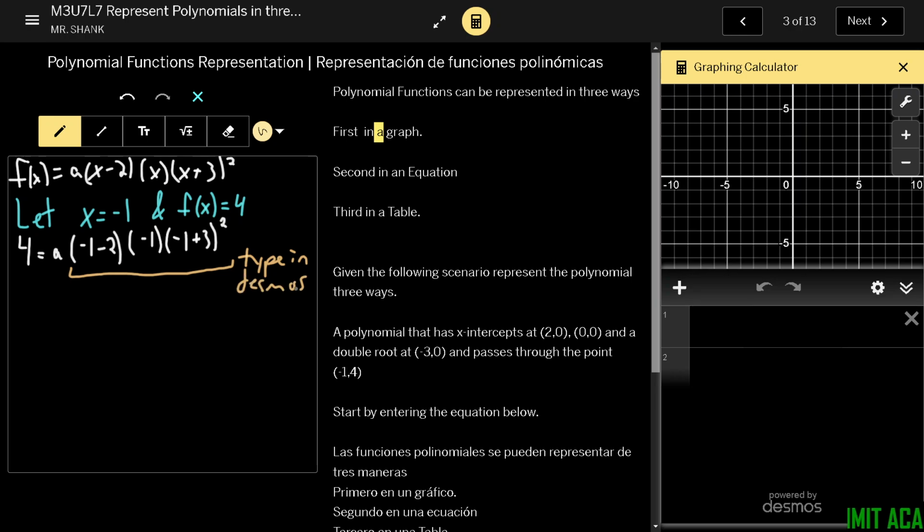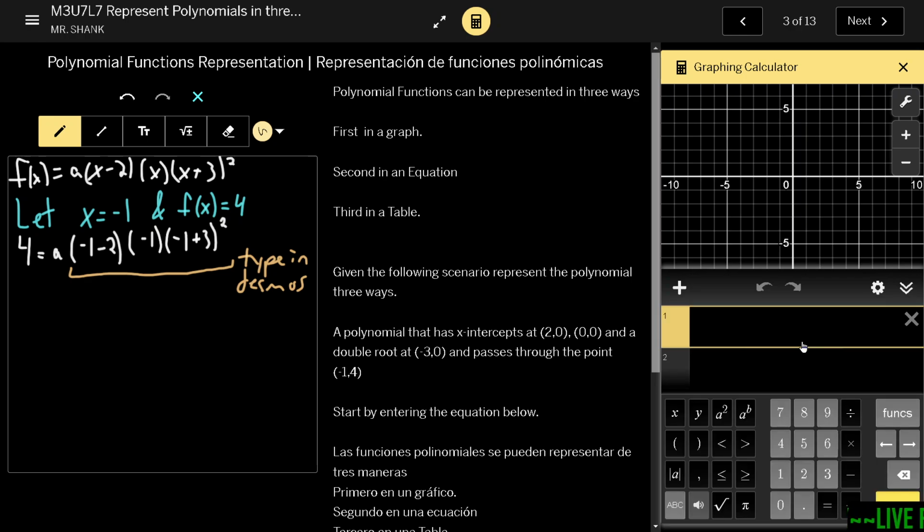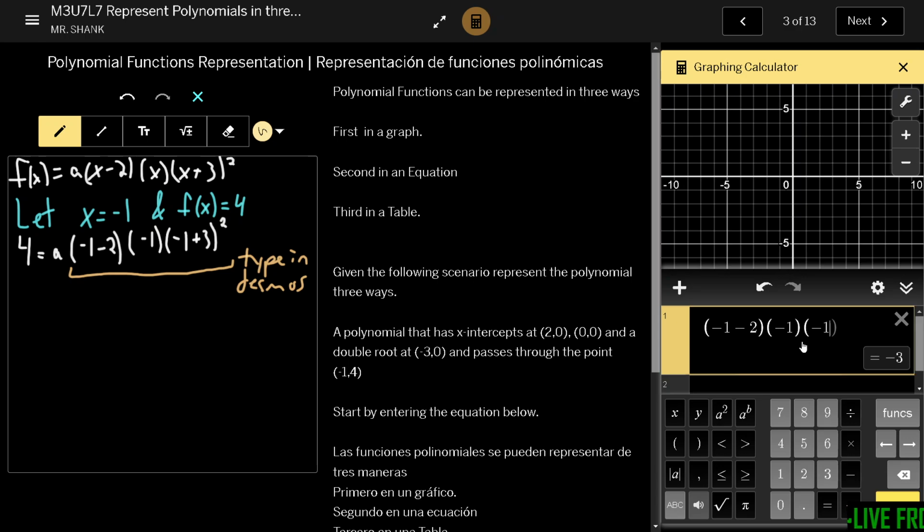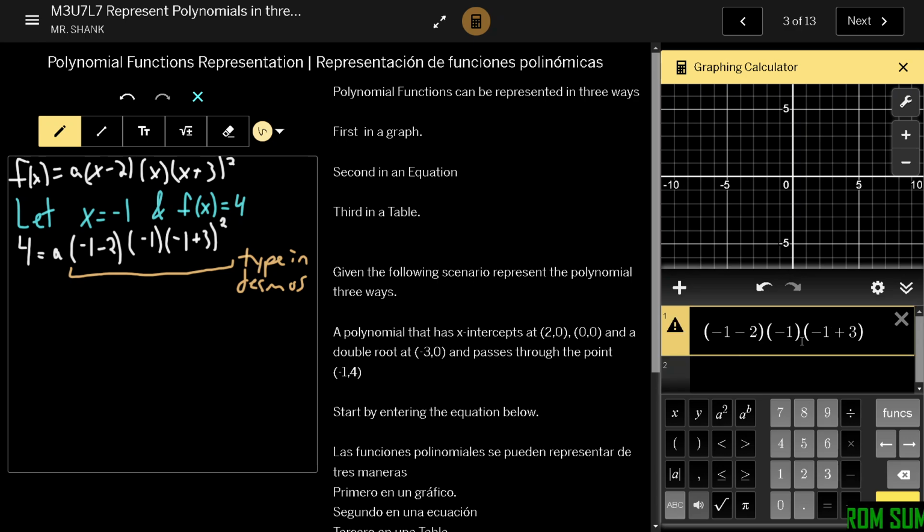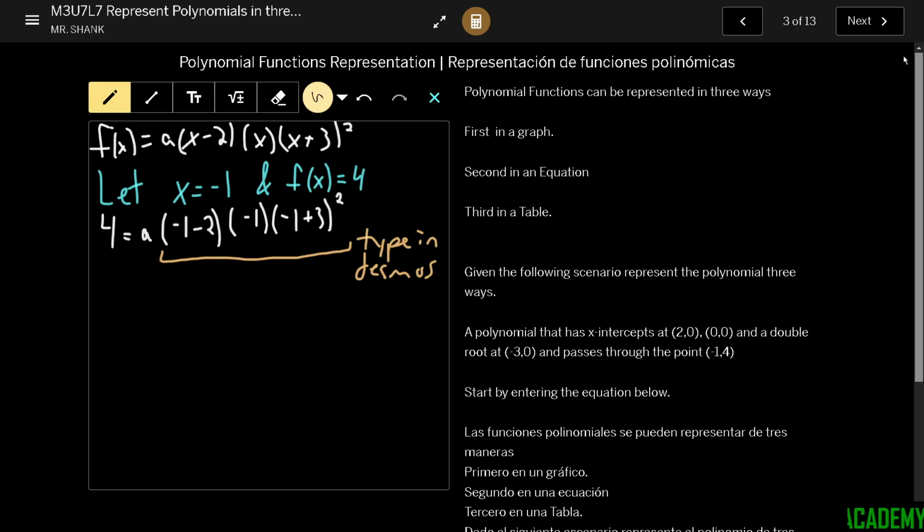Again, a lot of people make mistakes here. They try to just type in the entire equation. That's not helpful. I'm just typing in that 3 sets of parentheses. So I'm negative 1 minus 2 times negative 1 times negative 1 plus 3. All right, so altogether that's going to be 12. So that's what I'm going to write underneath.